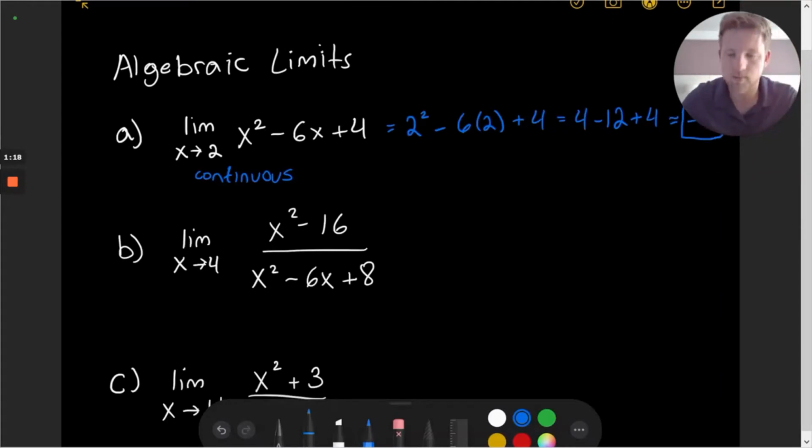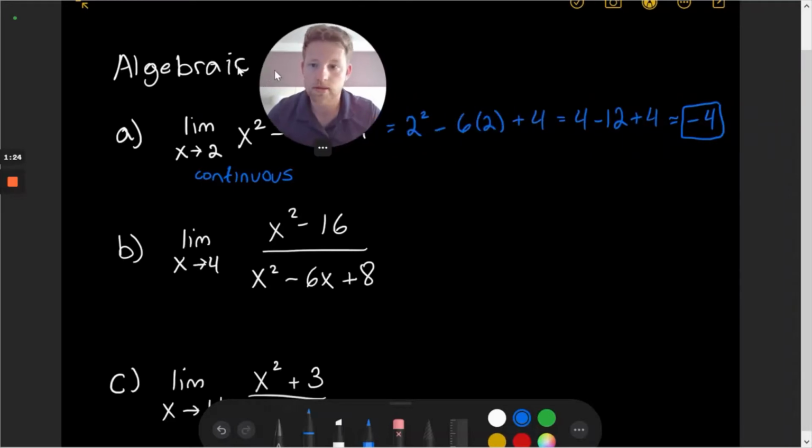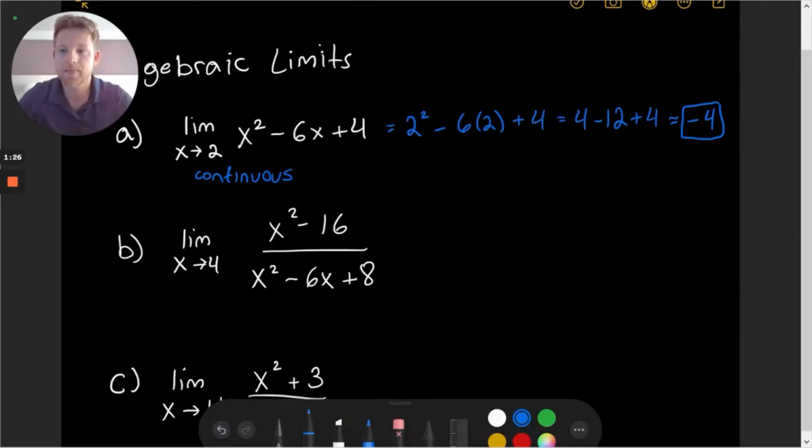So as x approaches 2 of our function, that will go to negative 4. Again, we can evaluate this limit at x equals 2 because the function is continuous.